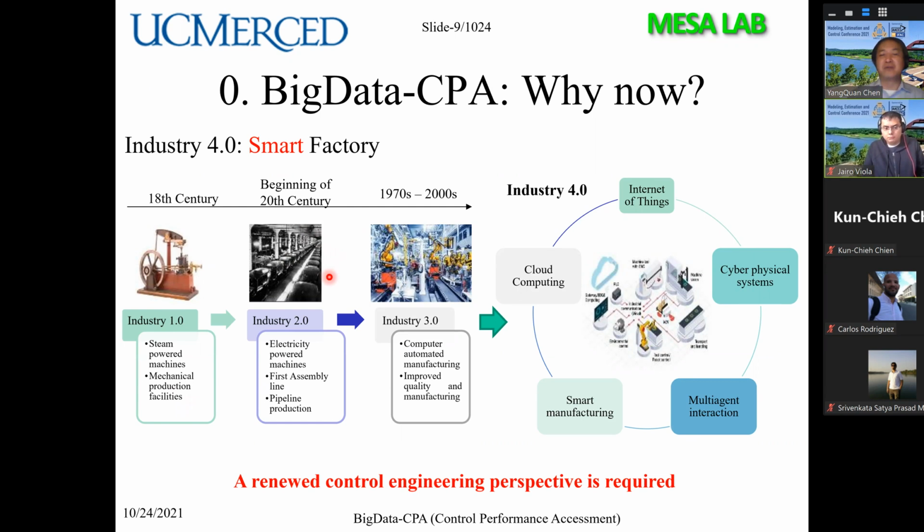Then you have electrical power. Then you have computer-automated manufacturing, the production line with robots, and things like that. But today we have a totally different setting. So what can we as control people leverage in Industry 4.0? What are the challenges in front of us?